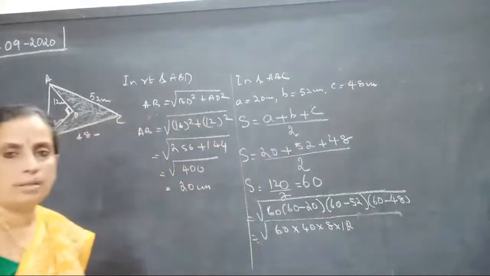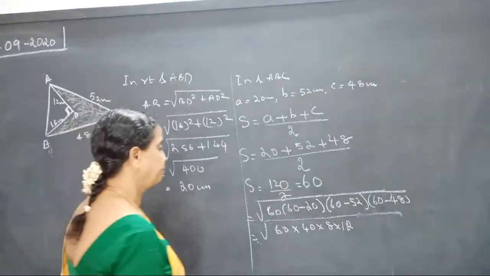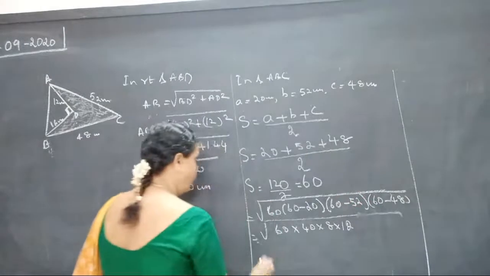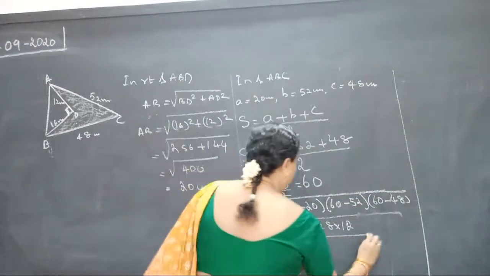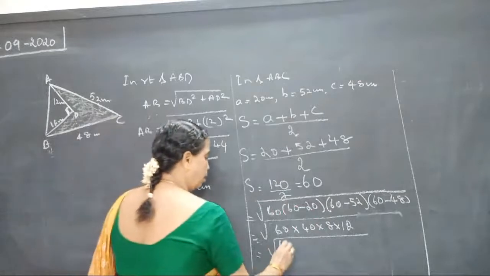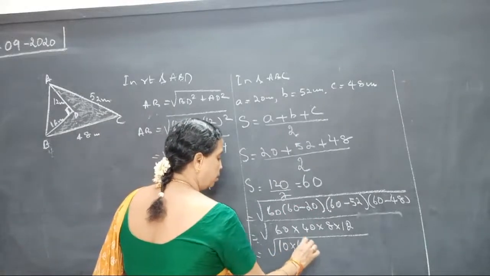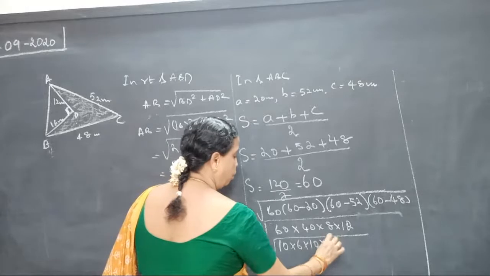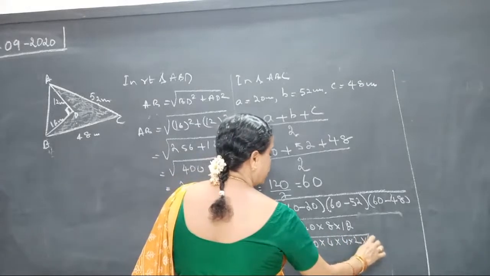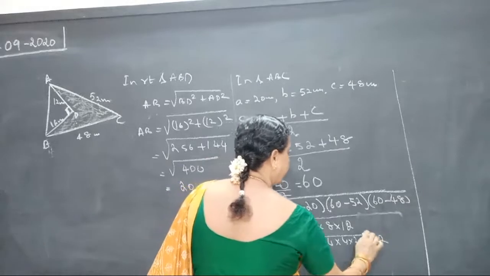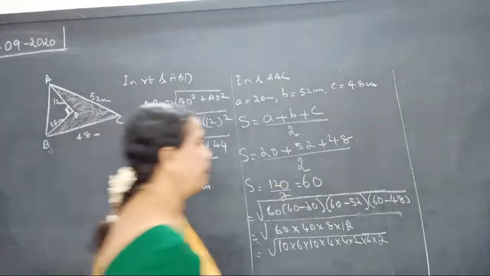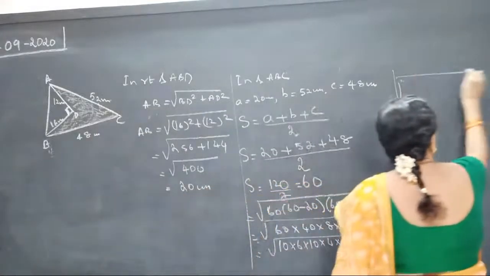Are you able to see? You will get root of 10 into 6, 10 into 4, 4 into 2, 6 into 2. I just split it out with the factors. Now we can pair up. What are the pairs you will get?